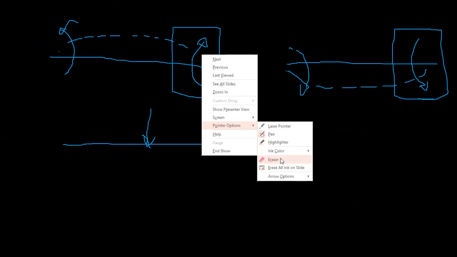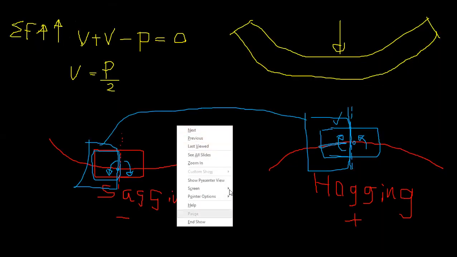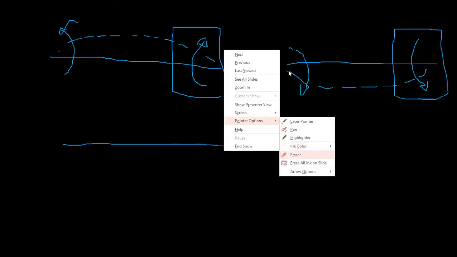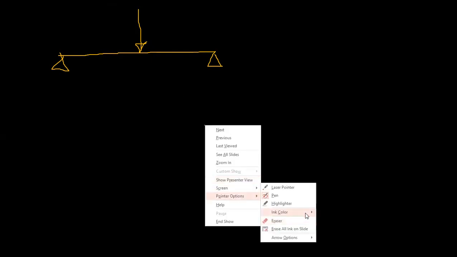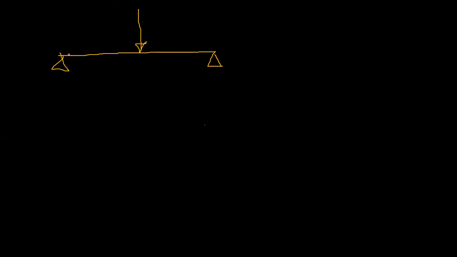So we have a point load here. This system has a point load in the middle of the beam, right? Until the middle of the beam it is uniform and there's no loading.